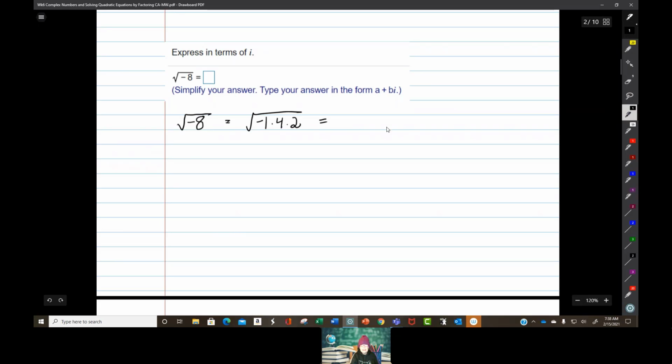So when I write this out, I have to write it like this. All right, the square root of -1 is i. The square root of 4 is 2. And then the square root of 2 won't break down. It's an irrational number.